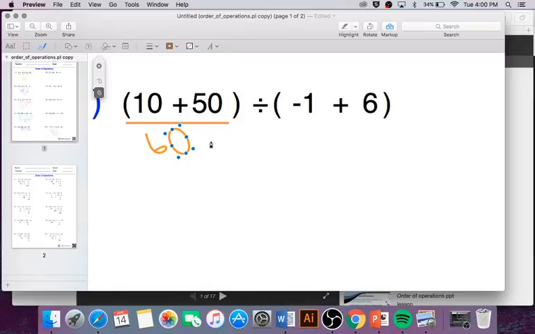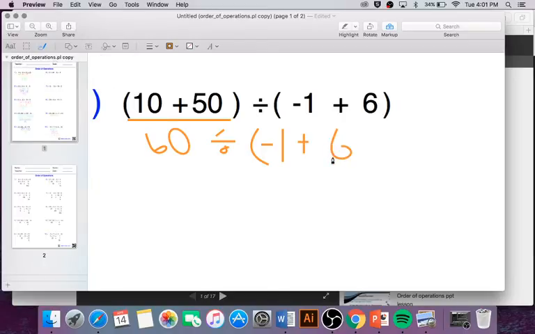So we have 60 divided by, and then in parentheses, -1 plus 6.